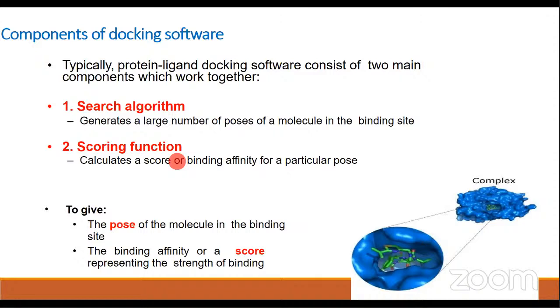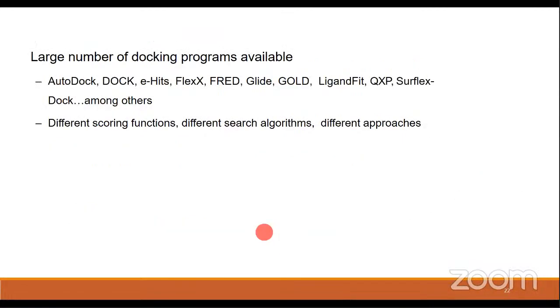In the docking program, we can choose 10 poses, 20 poses. Out of those 100,000 conformations, how is it choosing only those 20 poses? Based upon the scoring function. The pose of the molecule in the binding site shows how it can fit into the target site. Binding affinity correlates with the score of the molecule.